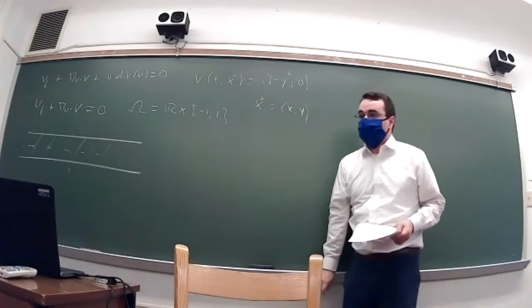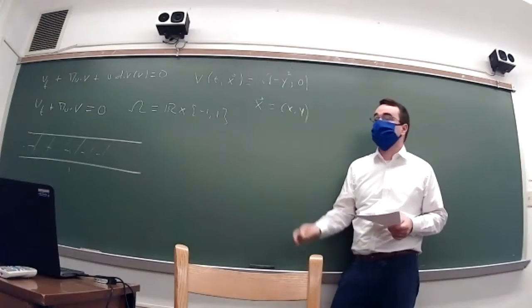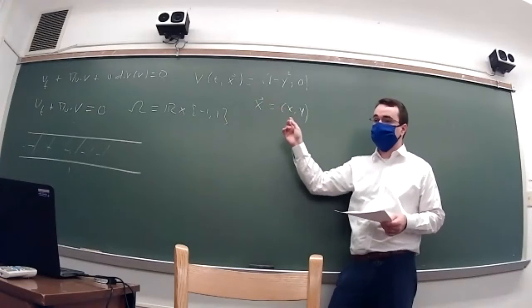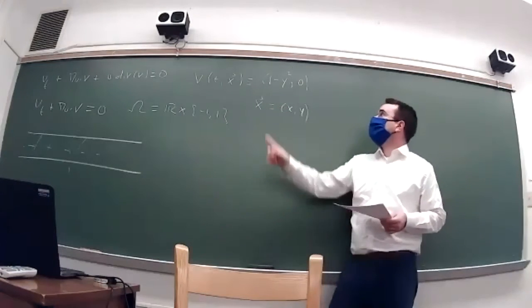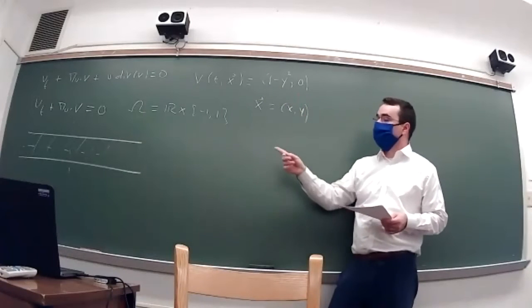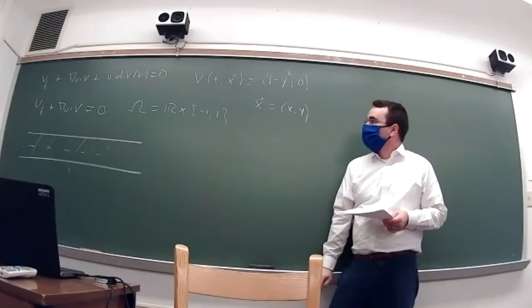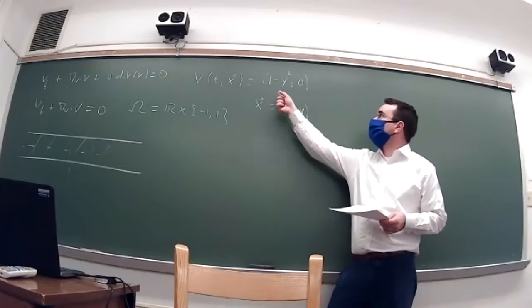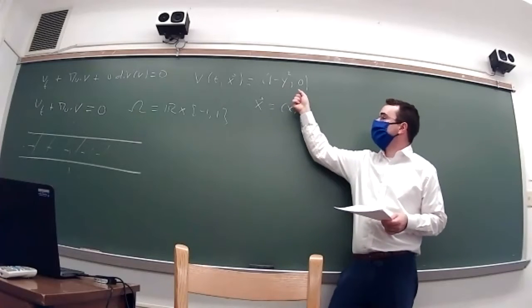Here we're working in R2, like before, using vector x hat to represent coordinates x, y. And here's a velocity vector. So at each point x, y, your velocity travels in this direction.